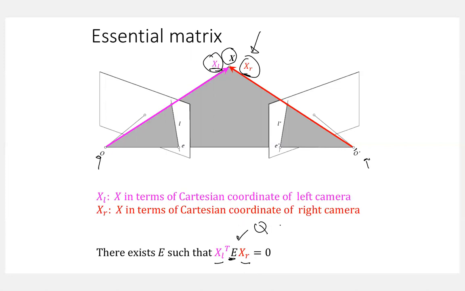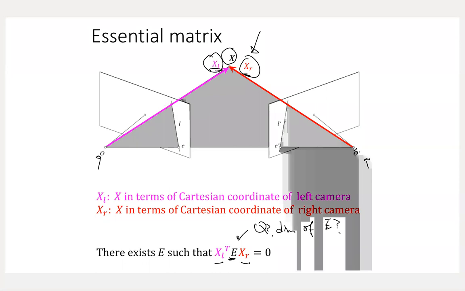What's the dimension of this E matrix here? Yes. Note that we are using Cartesian coordinates, not homogeneous coordinates.